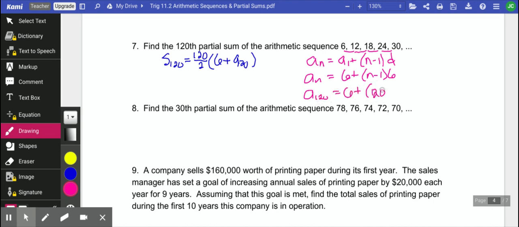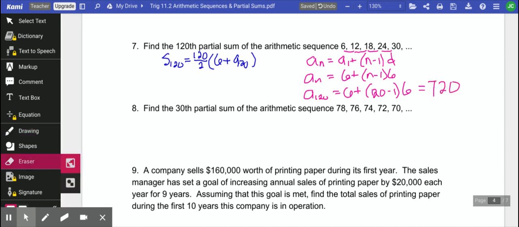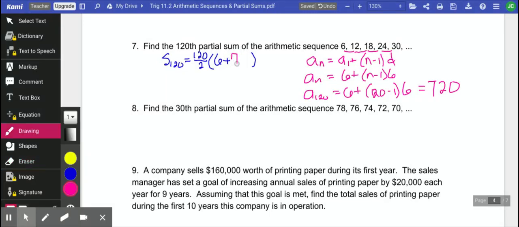So we're going to plug in 120 and see what we get here. I believe that's 720. Now that we know that, we can plug that into the formula where we needed it, and then we can finish out our sum.